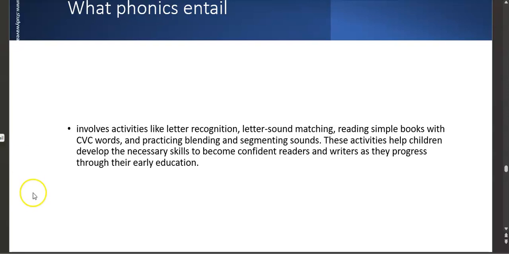These activities will help us develop our skills. The more we do this, the more we'll become good readers, good writers, and even good at pronouncing.